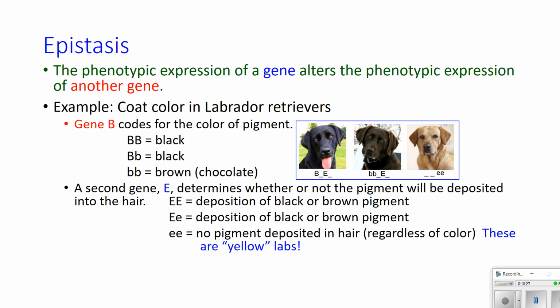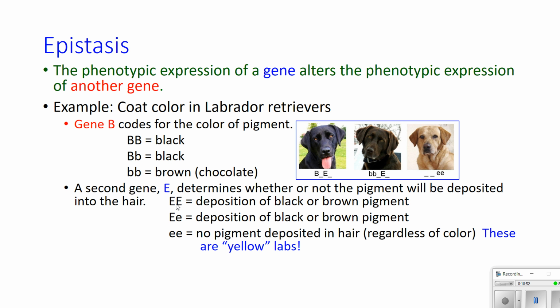You're not ever going to see that color unless it's deposited into the hair. So any Labrador retriever hair that has no pigment deposited into it is going to be this default blondish color, which we have come to refer to as yellow. All right, so you get the idea.